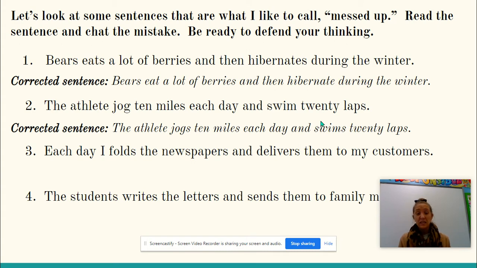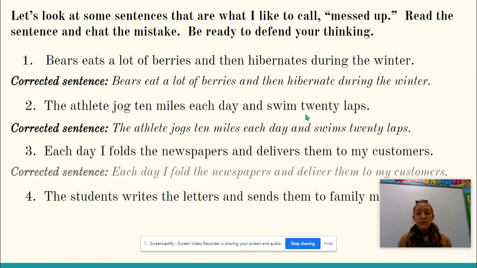Sounds a little weird, doesn't it? What should it be? Read it back and say it the correct way and see if you get it right this time. If you said each day I fold the newspapers and deliver them to my customers, kiss your brain. It should not be folds and delivers. It should just be fold and deliver.